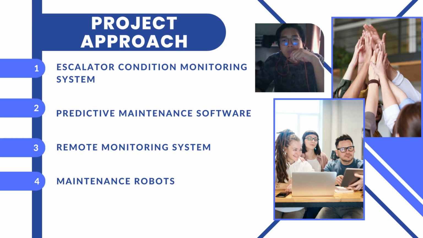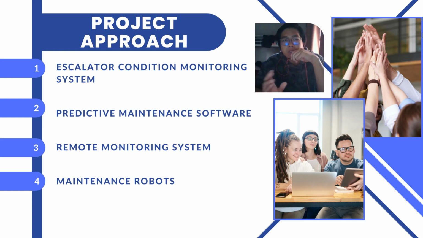Second is predictive maintenance software. This software uses a machine learning algorithm to analyze data from the escalator and forecast the maintenance, because sometimes maintenance must be done on time.